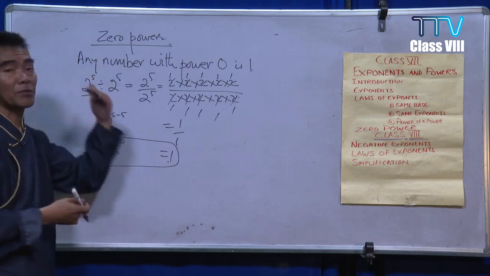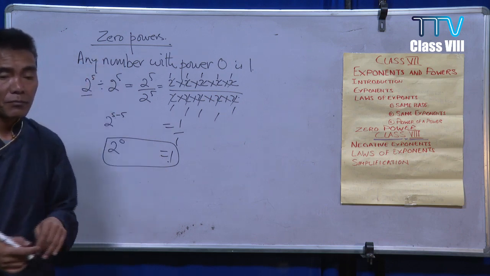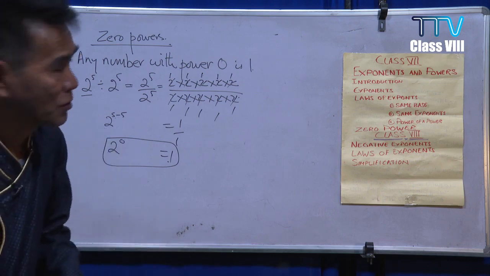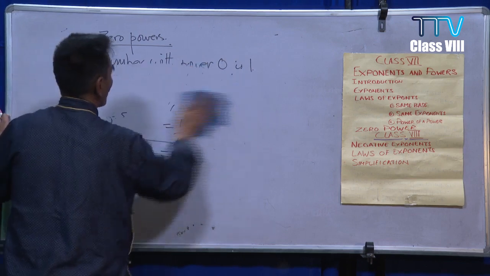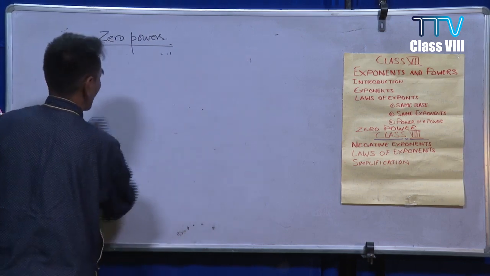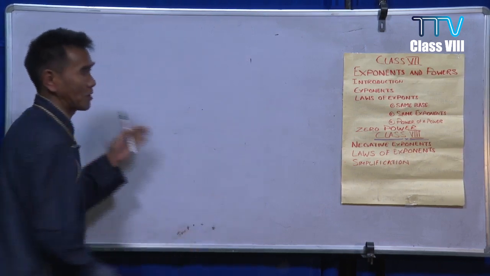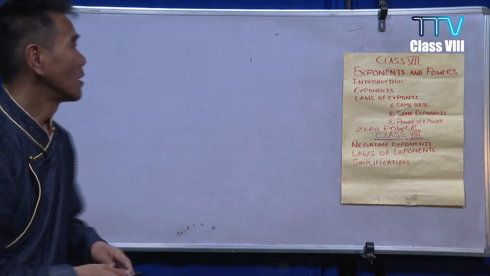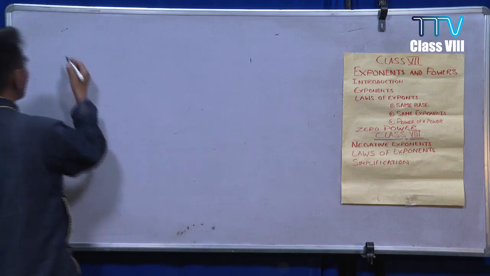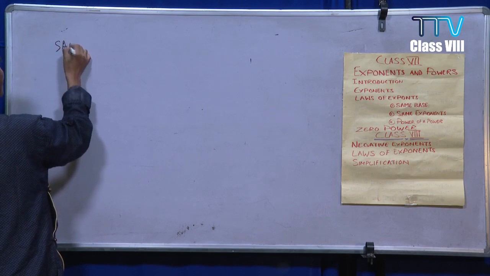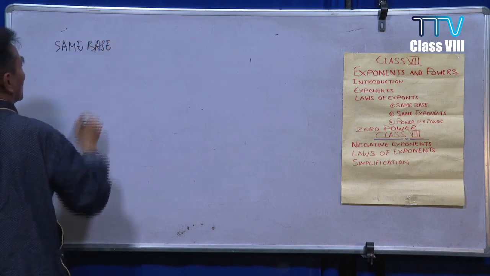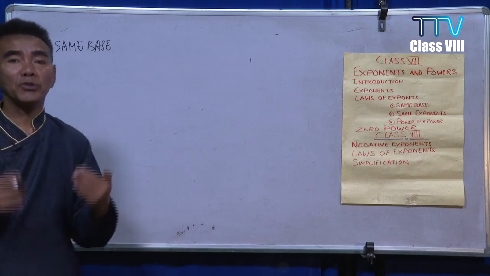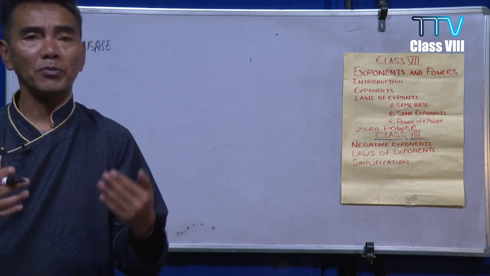Example, calculate this number. In the law of exponent, the big law is the base. In exponent, there is multiplication and division.